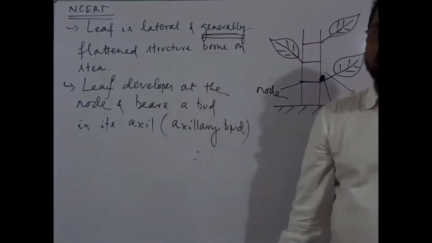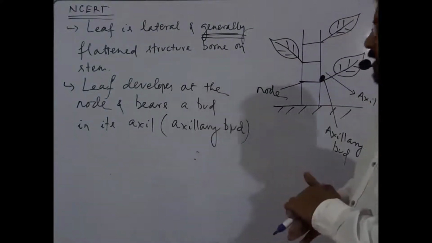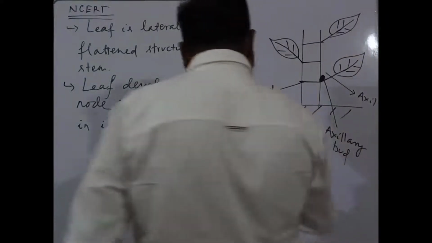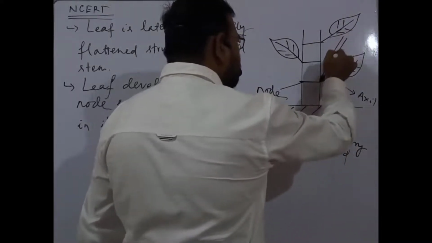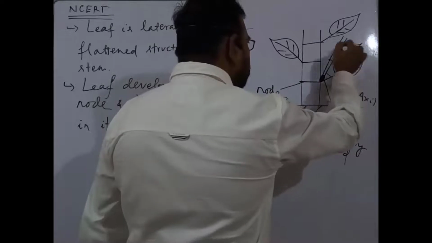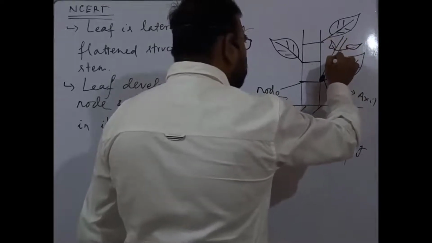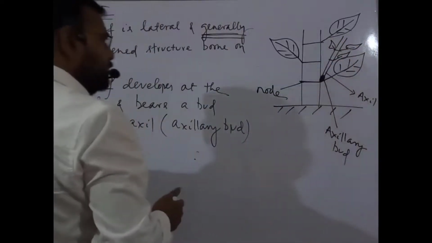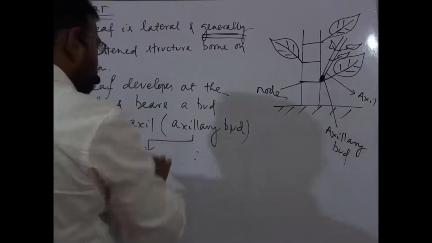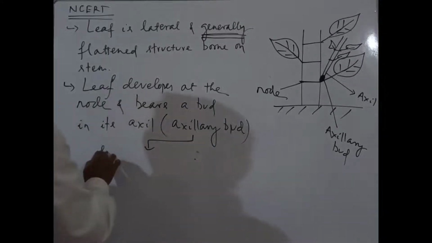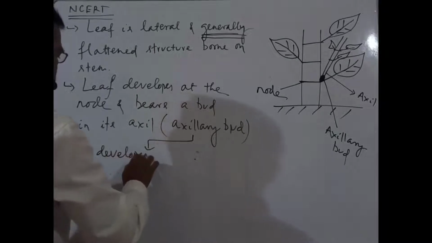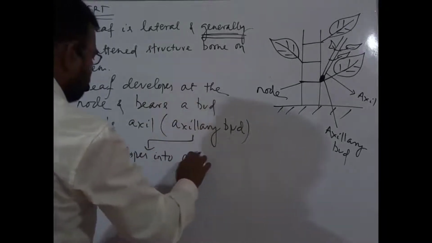That's why it is called axillary bud, with relation to its position. And this axillary bud later on gives a new branch. From here a new branch will develop, a new shoot will develop. So this axillary bud develops into a branch.